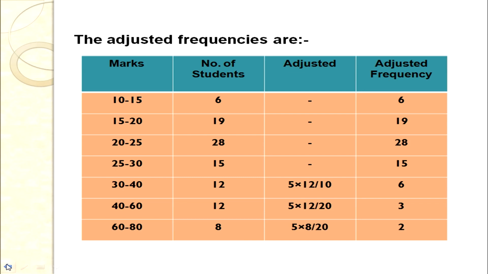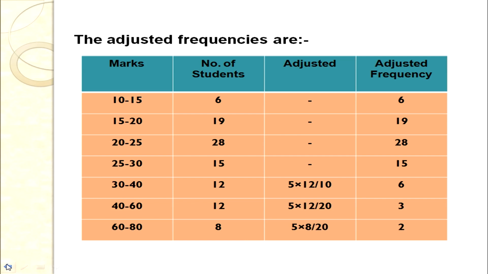Now, we have adjusted the frequencies. So, for the classes 10 to 15, 15 to 20, 20 to 25, 25 to 30, 30 to 40, 40 to 60, 60 to 80, we are going to plot the adjusted frequencies.